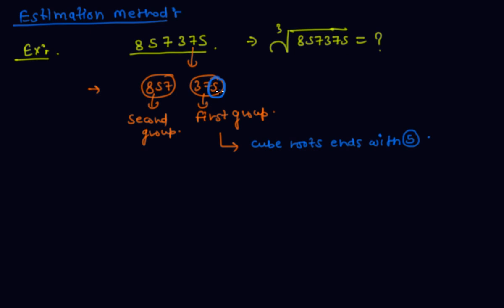Any cube ends with 5 only when its cube root ends in 5. So the first group's cube root ends with 5.